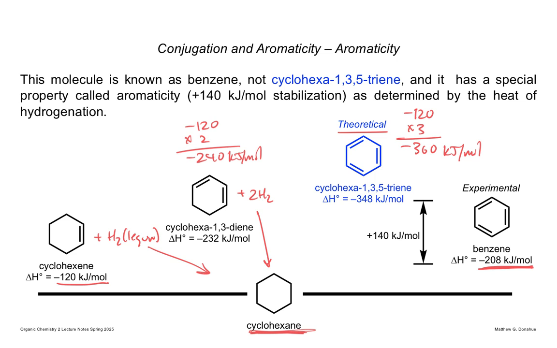And this difference in energy is attributed to aromaticity. So it's a special stabilization that's in part due to conjugation. So there's an experimental way of showing there's a difference.